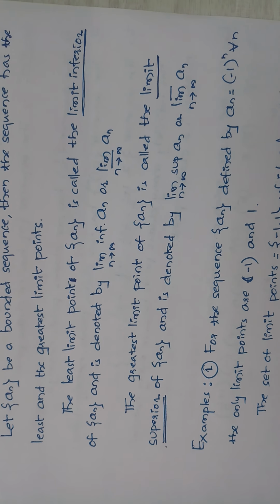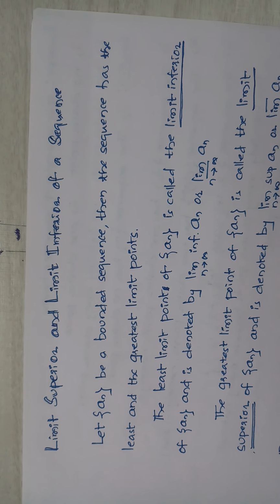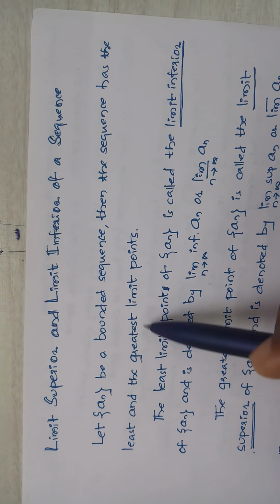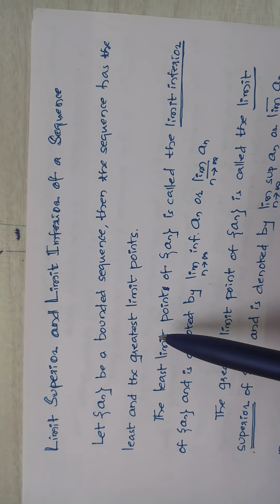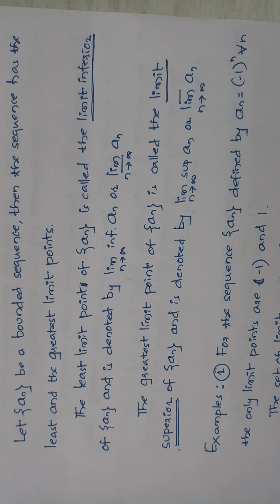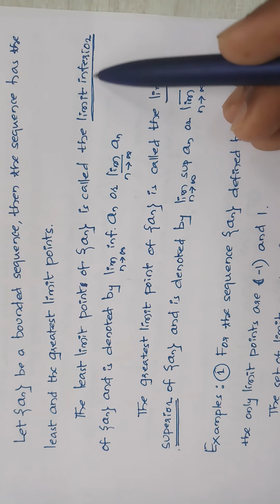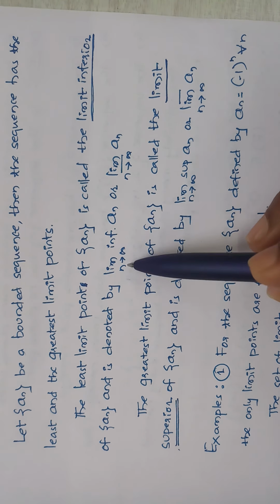The next concept is limit superior and limit inferior of a sequence. Let an be a bounded sequence, then the sequence has least and greatest limit points. The least limit point of the sequence an is called the limit inferior of an, and is denoted by limit infimum of an as n tends to infinity.